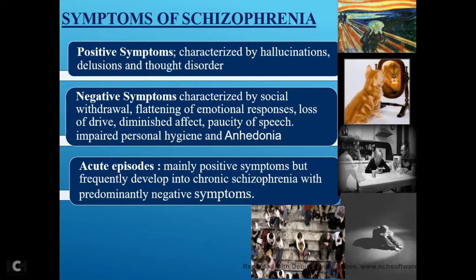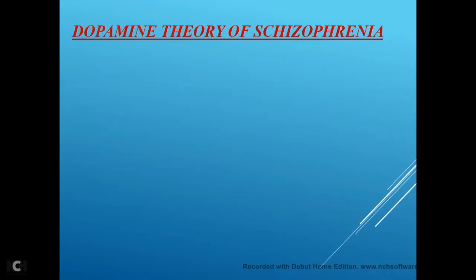Negative symptoms are characterized by social withdrawal, flattening of emotional responses, diminished affect, impaired personal hygiene, and anhedonia. Acute episodes have mainly positive symptoms but frequently develop into chronic schizophrenia with predominantly negative symptoms.